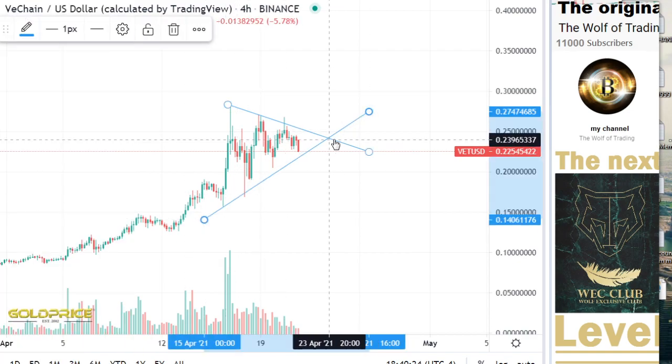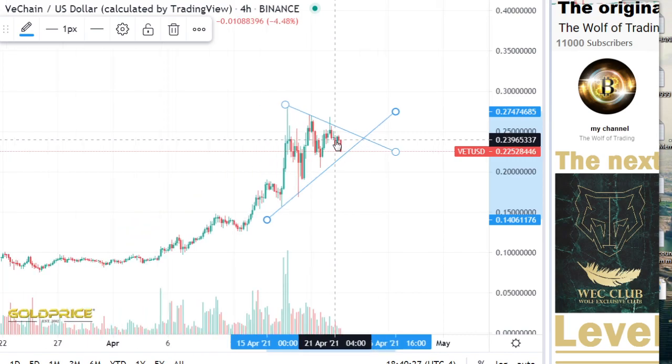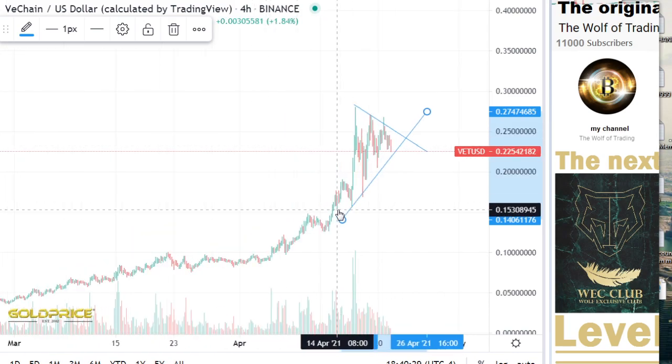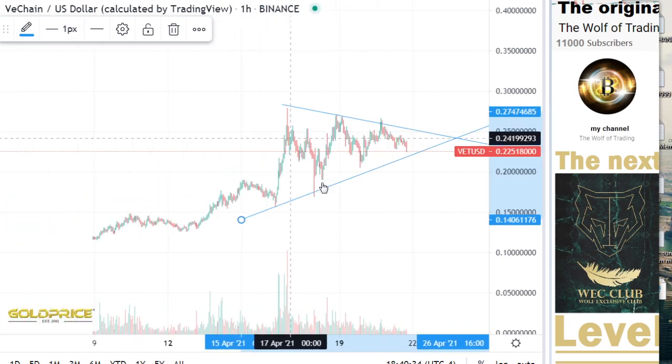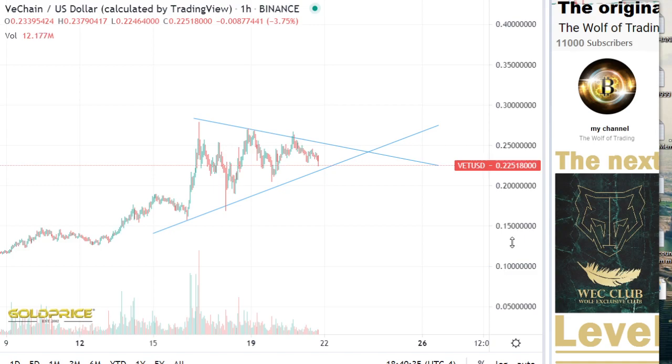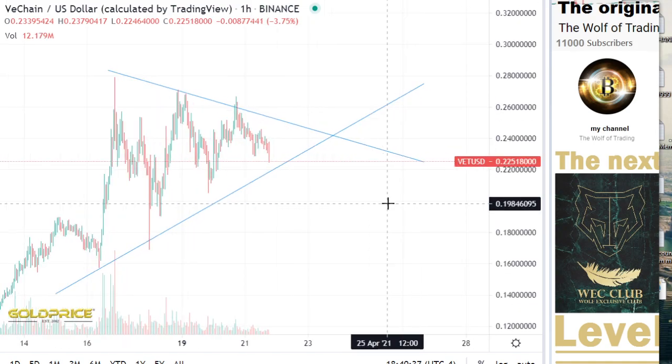You see, something will happen here because the triangle gets closer and closer. And if we look more closely to VeChain, then we can see.